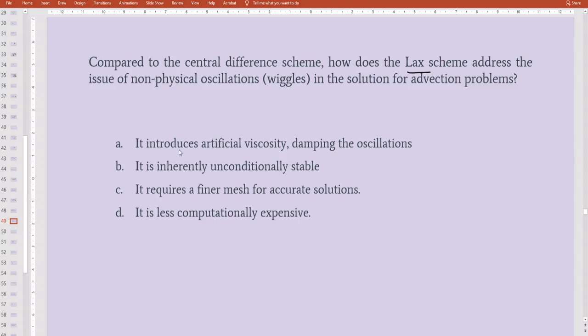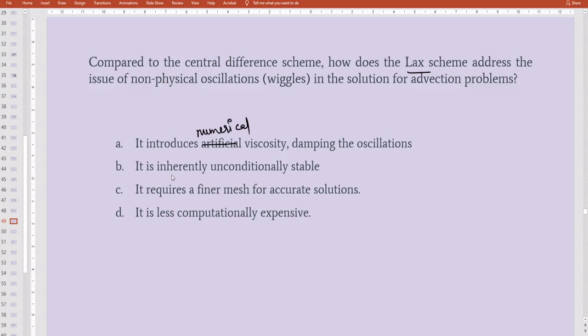Option A, it induces artificial viscosity damping the oscillation. Sorry, read it as numerical viscosity. Sorry for the wrong statement. Read the option as it introduces numerical viscosity damping the oscillations.